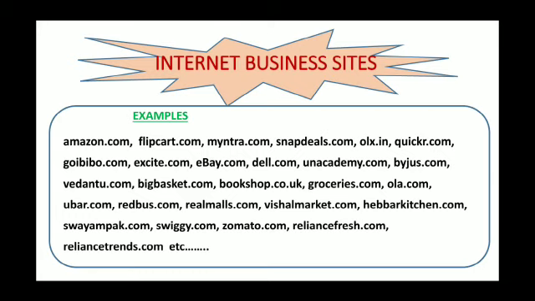And to get clothes, Reliance Trends is there. From Amazon, Flipkart, Snapdeal and all, you can purchase everything. Every item is there on those websites. These websites you know already, I think you are using them for purchasing your required products.